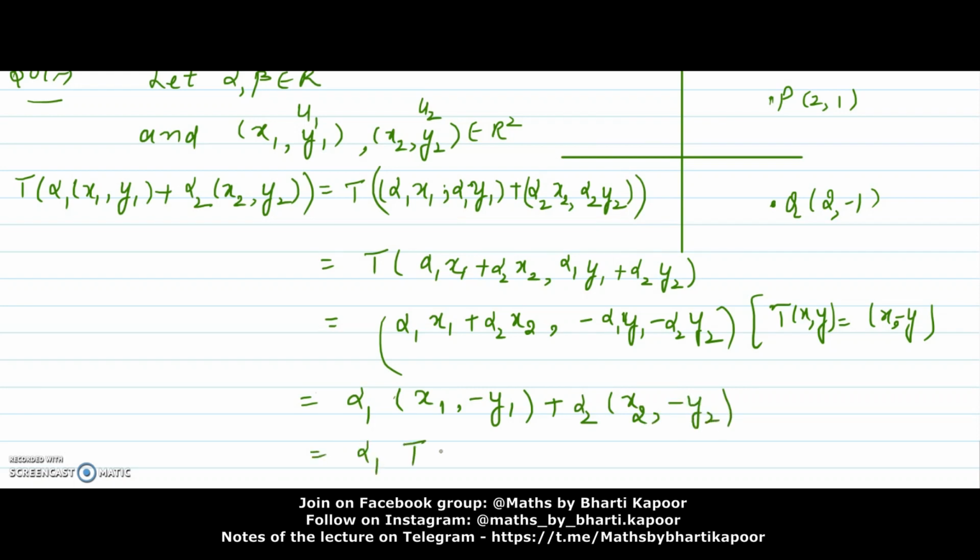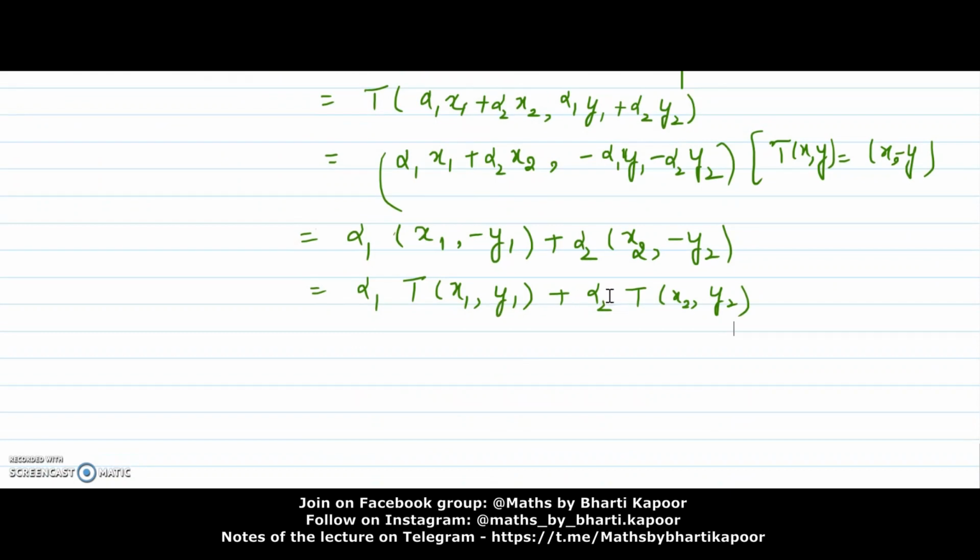which is actually the image of (x1, y1) under T, and this is the image of (x2, y2) under T. So we can write it as alpha 1 T(x1, y1) plus alpha 2 T(x2, y2).